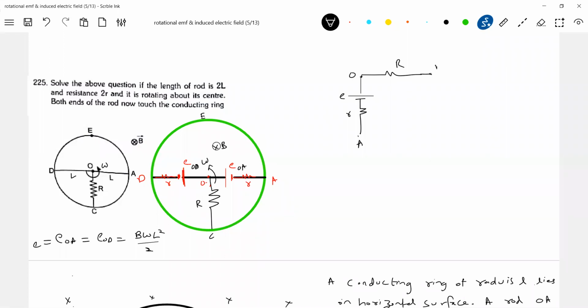So this should go to the point C, no? This is C, and let this be the point A. And from C to A, an arc. And from C to D, so again a cell should be connected.